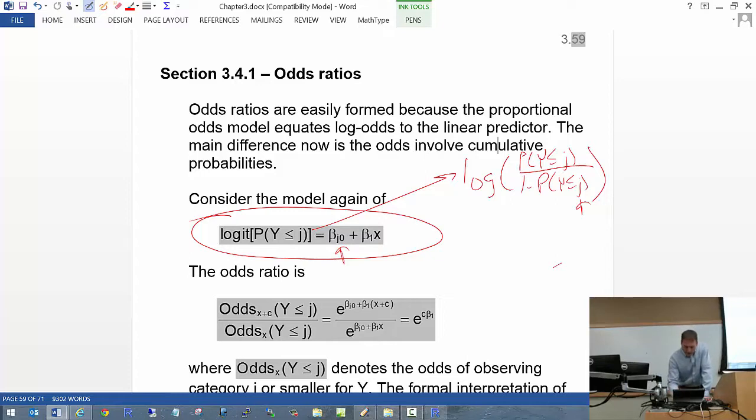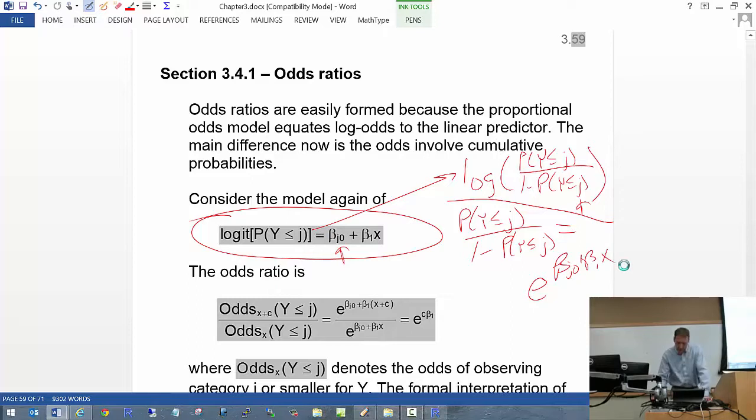So of course, and we've actually done this before, we can find the probability y is less or equal to j over 1 minus the probability y is less or equal to j, and we set that equal to e raised to the beta j0 plus beta 1x. Okay, so what we've just done there is calculate an odds. Odds that you're in category j or less versus more than j.